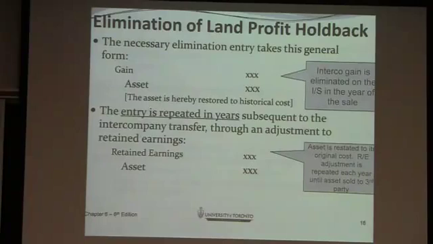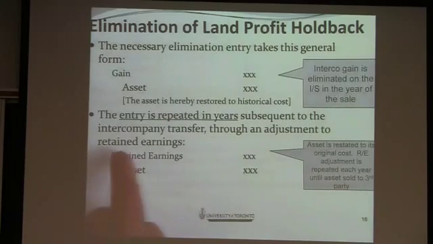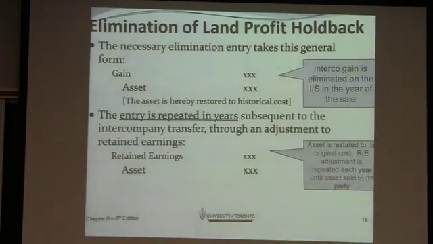Why? Because we want to bring the asset back to its historical cost, because that sale does not exist. Now, each year, as the asset remains within the consolidated group, that asset will have to constantly be adjusted. But this time, we're going to actually adjust the retained earnings. Remember, whoever sold it, the gain would have been reflected on their retained earnings, so they would have recognized it at the legal entity.